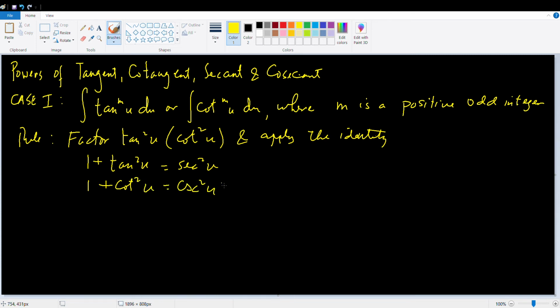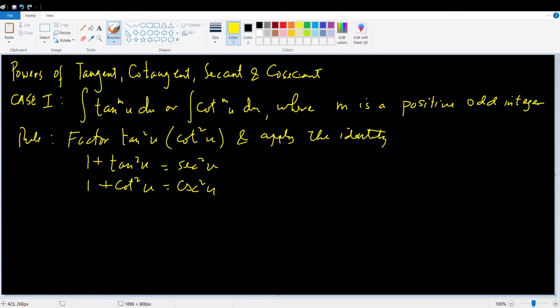So we need to produce the terms secant squared u or cosecant squared u, because we know that secant squared u is the derivative of tangent. So if your integrand involves a power of tangent and it appears with secant squared, you can easily apply the power formula. So that is the rationale.